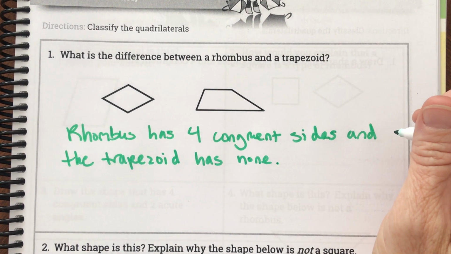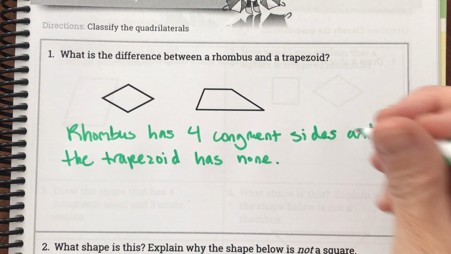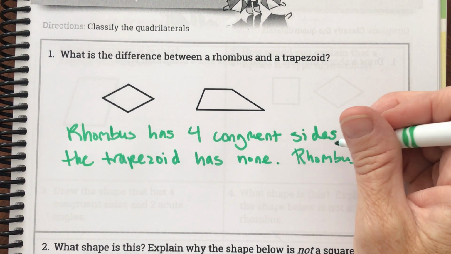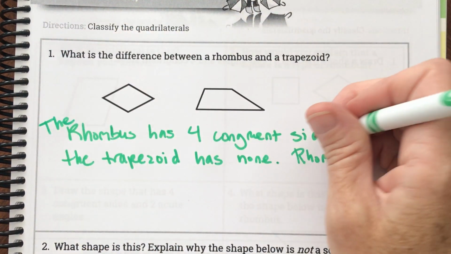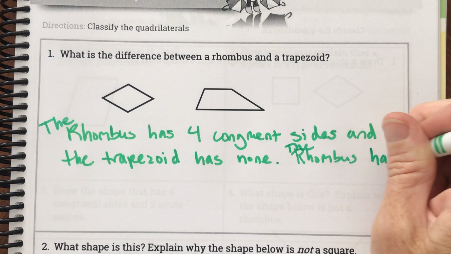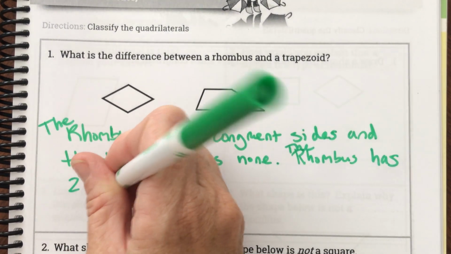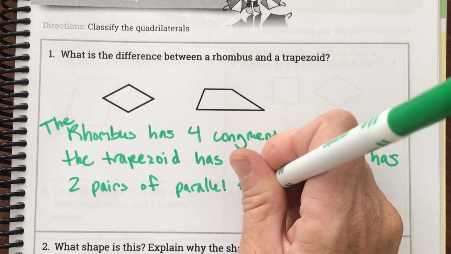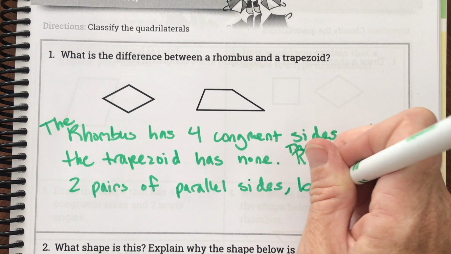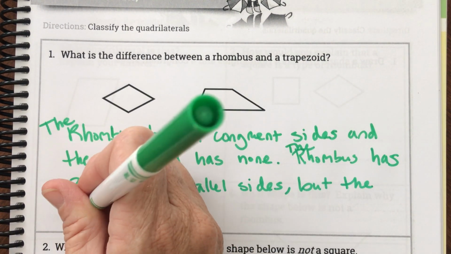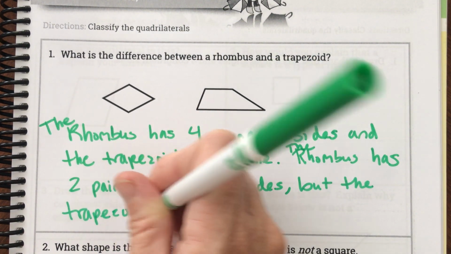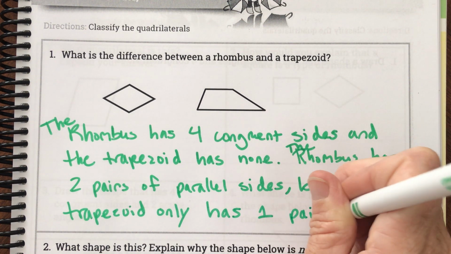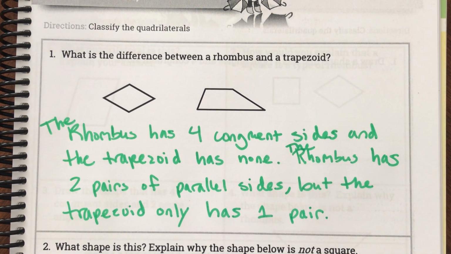How else are they different? I apologize, boys and girls. The rhombus has 2 pairs of parallel sides, but the trapezoid only has 1 pair. So those are ways that those are different.